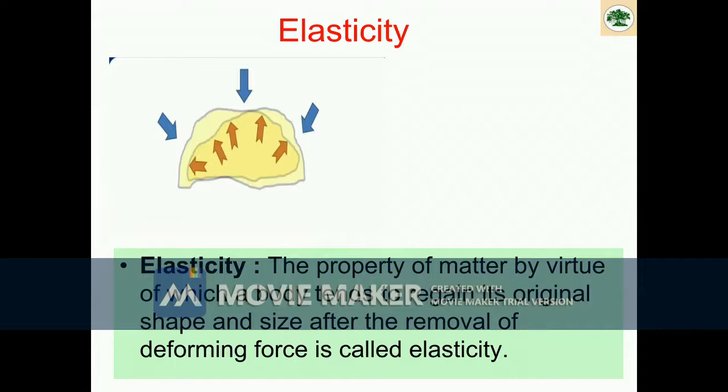Blue arrows apply the applied force from the outer side on the body, and there are brown arrows which create the restoring force which is opposite to the applied force. When the restoring force is greater than the applied force, the body will regain its original size and shape.